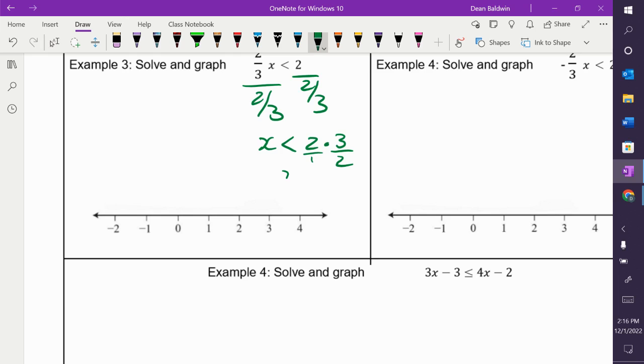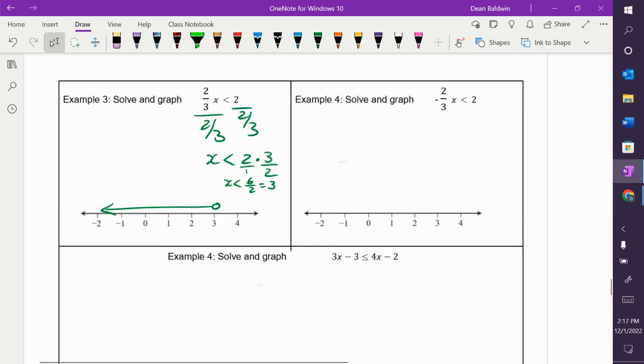So you get 6 over 2, which is just 3. So x is less than 3. Open or closed? Less than, do I go left or right? Left. Always tell by the arrow which way it's facing.